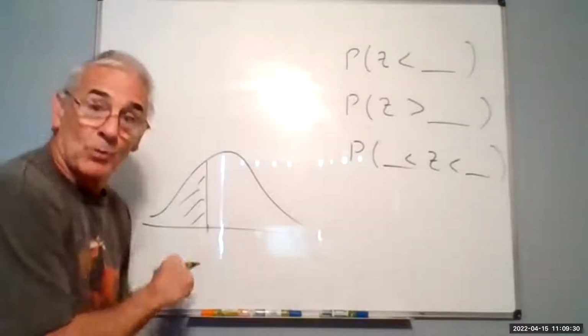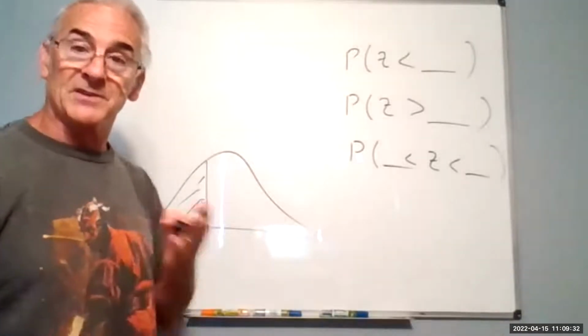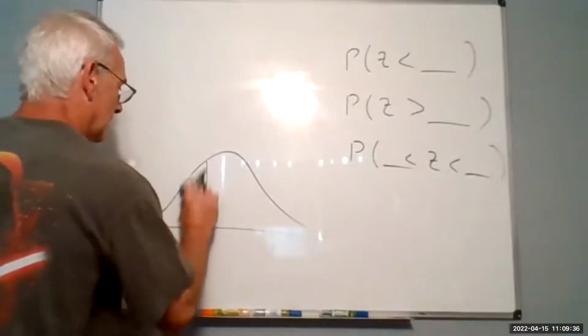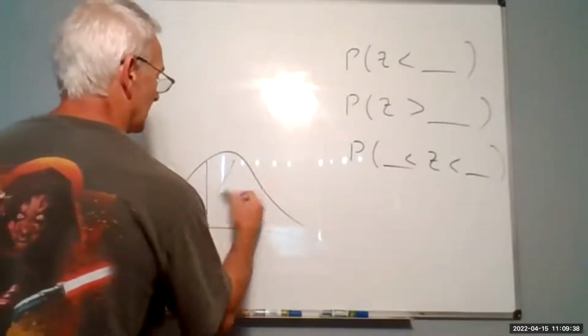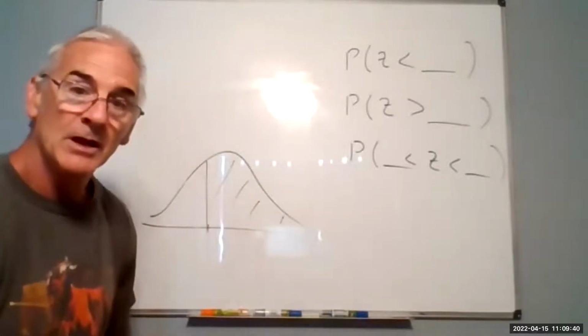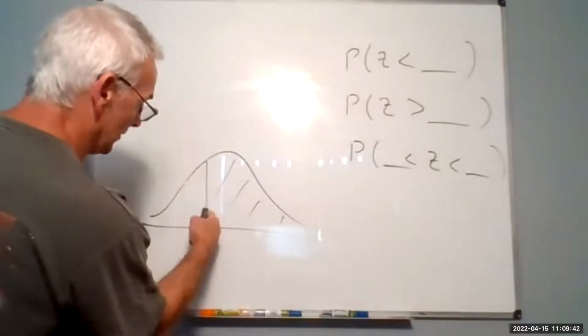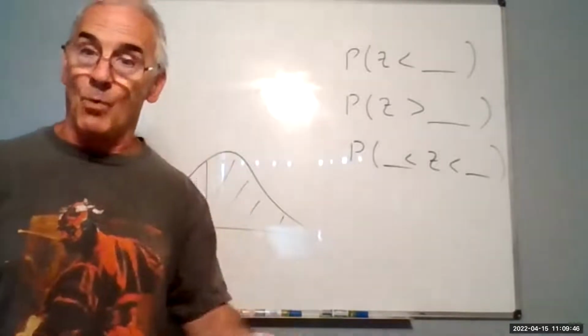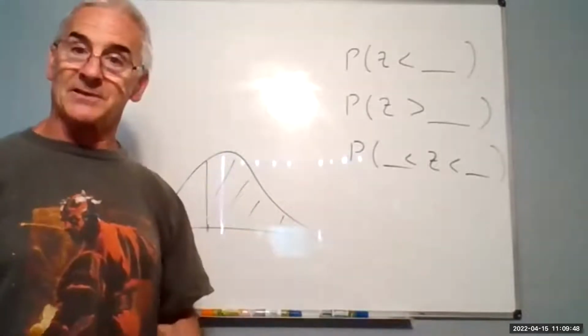I don't have to do any work whatsoever. The second case, we're asking what's the probability that Z is bigger than some number, but the number we look up in the table is always going to be to the left, so we have to subtract it from 1 to get the stuff on the right.